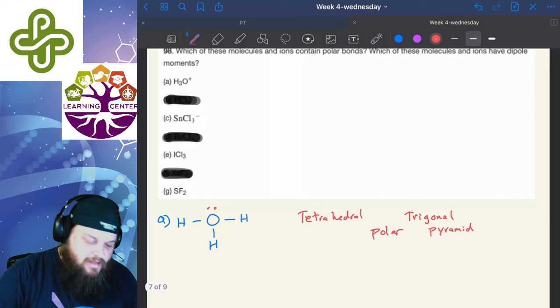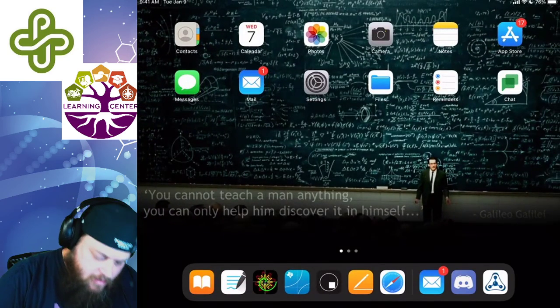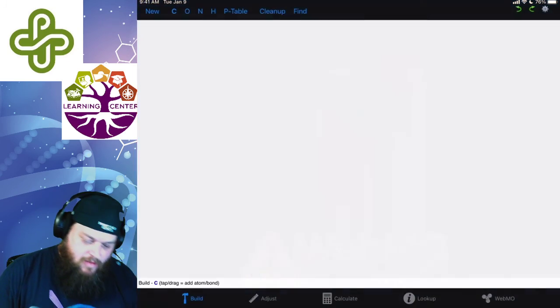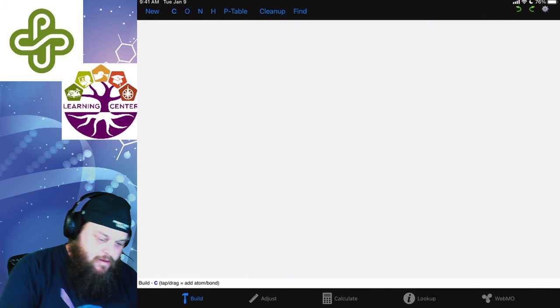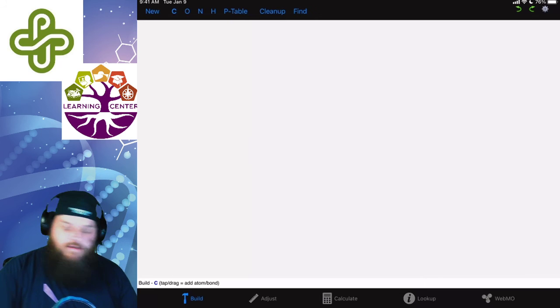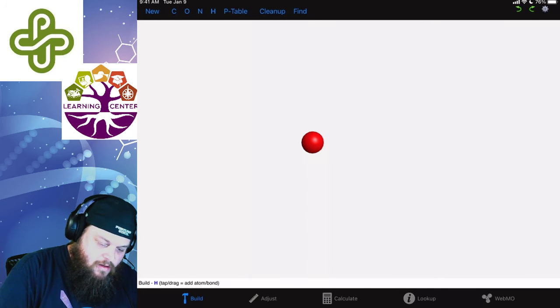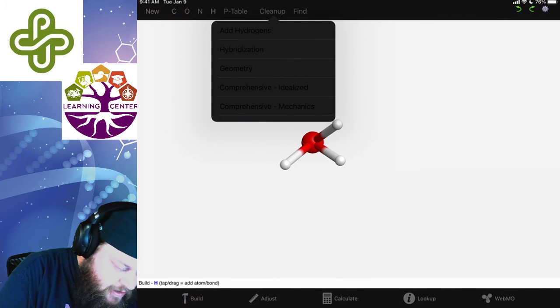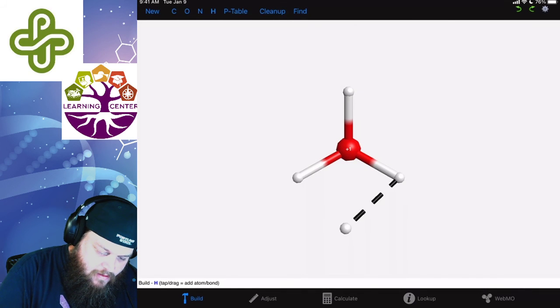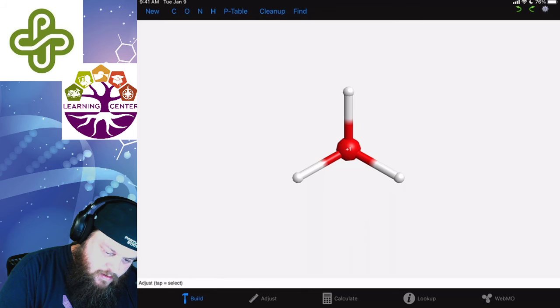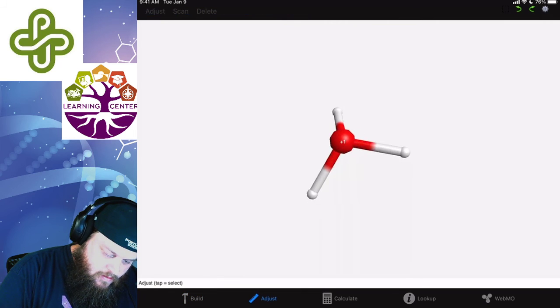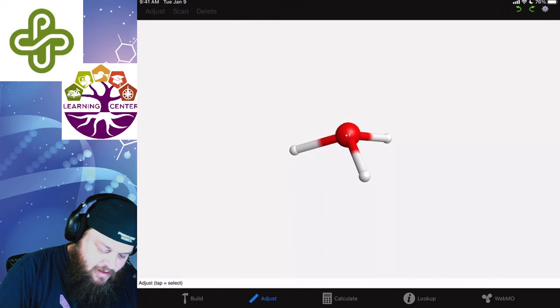If you really want to see a cool electron density, let's see if I can do this without making it crash. This is a free app. You can pay for it, which I did, and it wasn't worth it. So there's also a free version, but you can draw out your different shapes. I can clean up the geometry of that a little bit. And we can see kind of what that shape looks like.